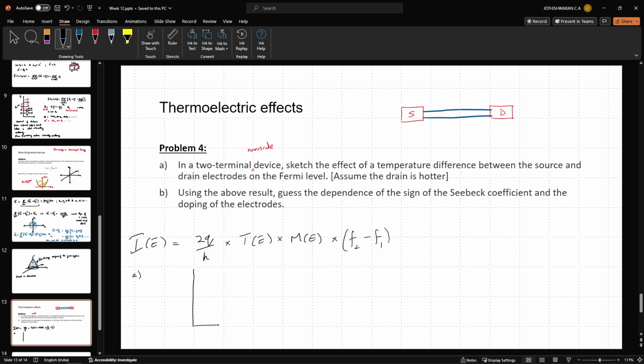So at any finite temperature, if I sketch the Fermi function to be something like this, then the midpoint where this goes to 0.5, so this is 1, this is 0, this is 0.5.